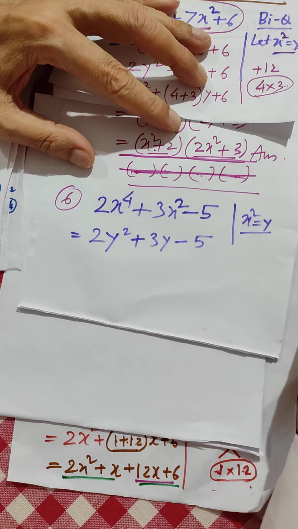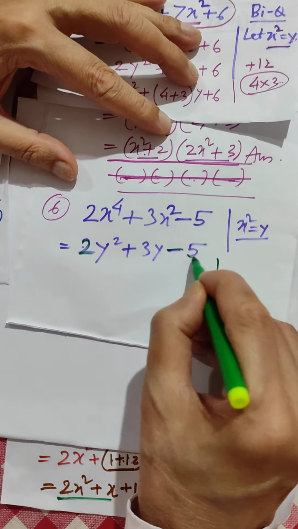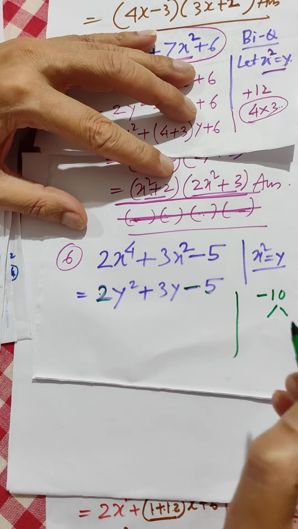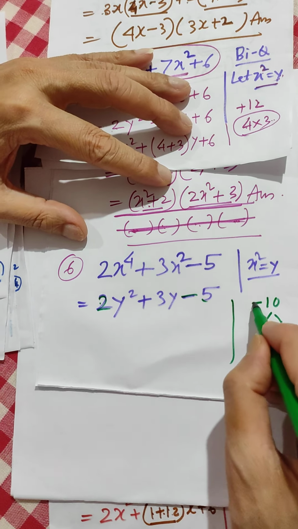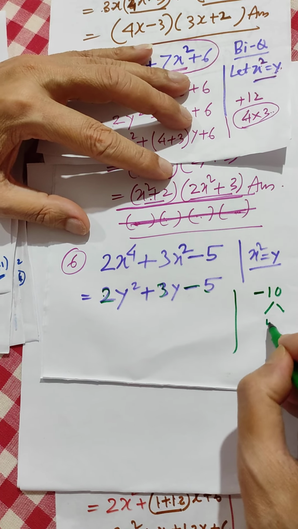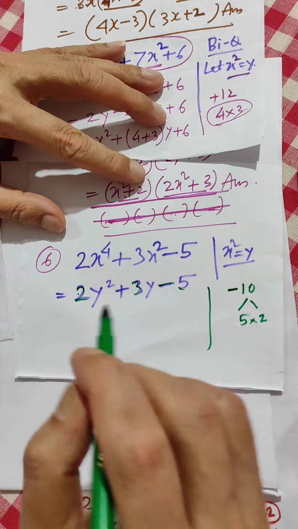Is it clear? Now as the rule says, we'll multiply 2 and minus 5. So 2 into minus 5 is minus 10. Now for 10, we'll take two numbers whose difference is 3. Why difference? Because this is minus. So we'll take 5 and 2. Because 5 into 2 is 10 and 5 minus 2 is 3.